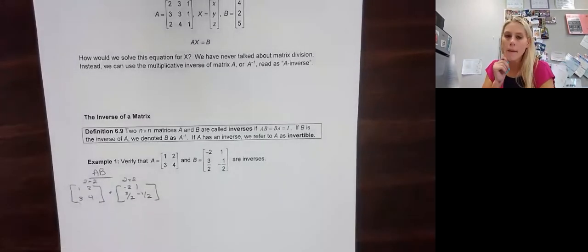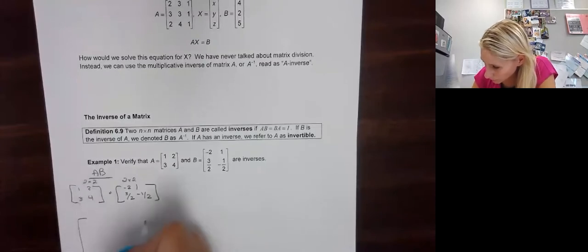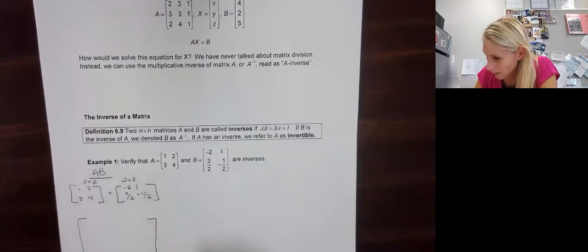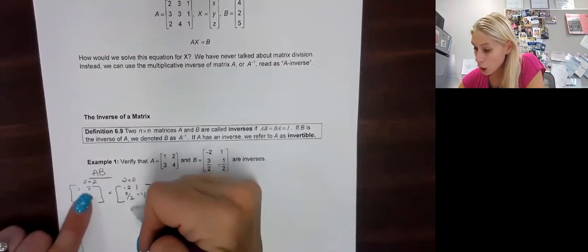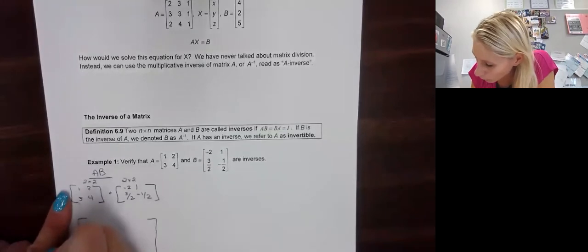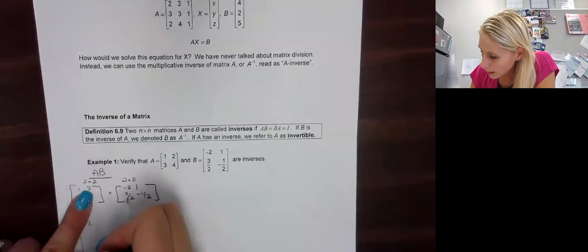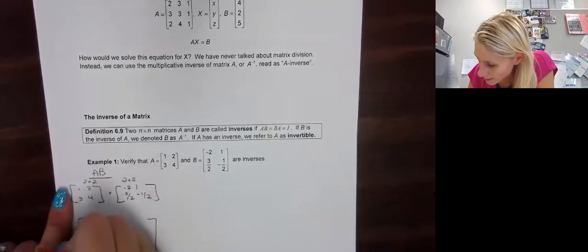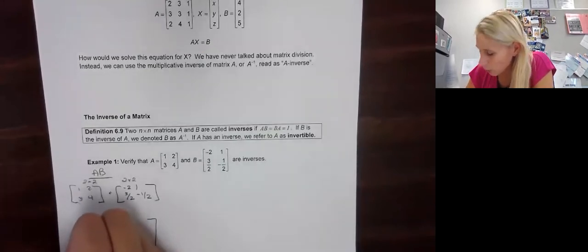Okay, that means that our ending matrix will be a 2 by 2. And let's see, row times the column. So 1 times negative 2 is negative 2. 2 times 3 halves is 3. And we add those together. And what do we get? We get the value of 1.